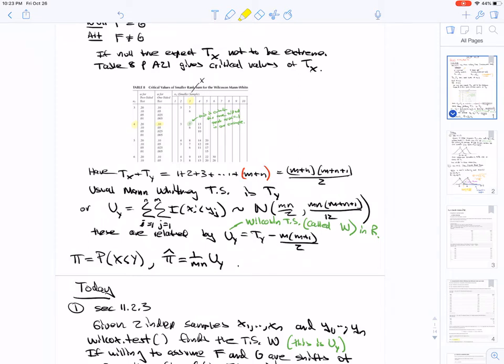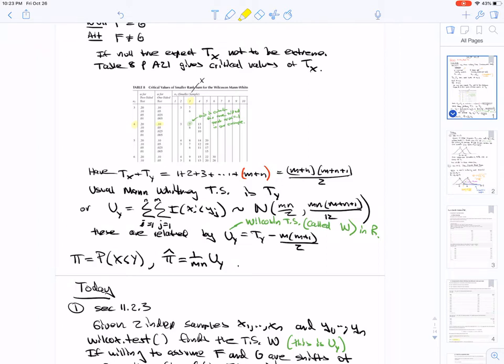The usual Mann-Whitney test statistic is ty, but there's also another one called the Wilcoxon test statistic, which is uy, also known as w in R, which is related to ty, as we'll see. Uy is the sum of all indicators where xi is less than yj, and this is approximately normal.